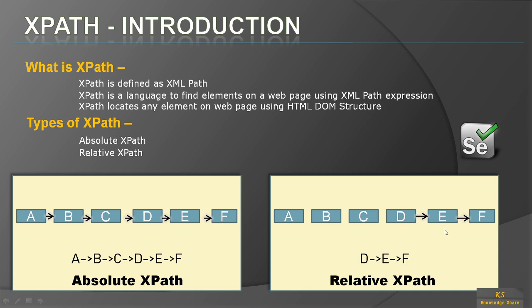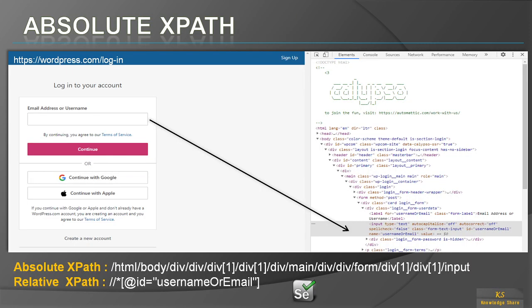From D to E and from E to F, this is a relative XPath. These are most important in automation to achieve efficiency or to make your tests faster in identifying those elements. Now let's see an absolute XPath with an example.